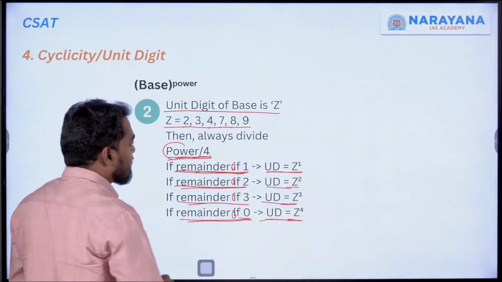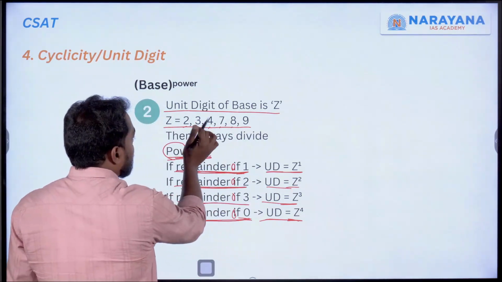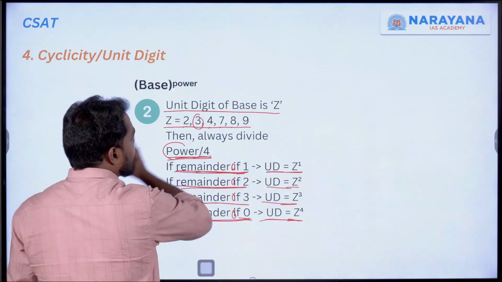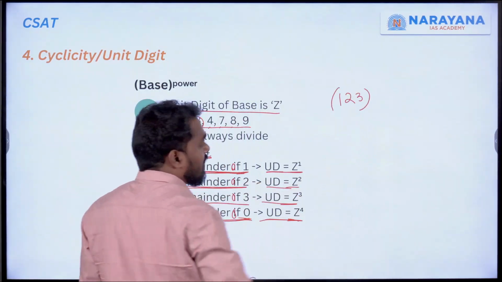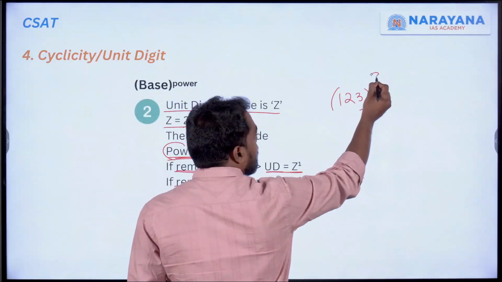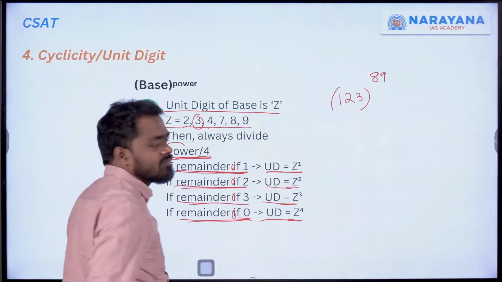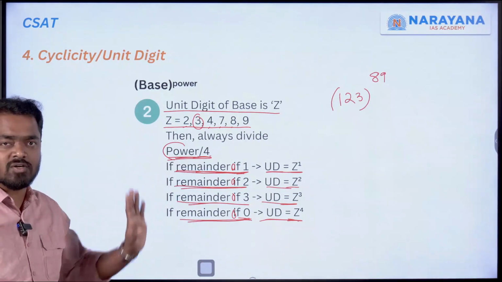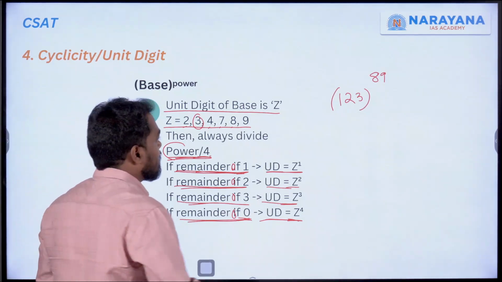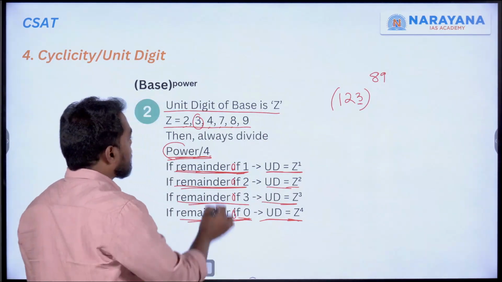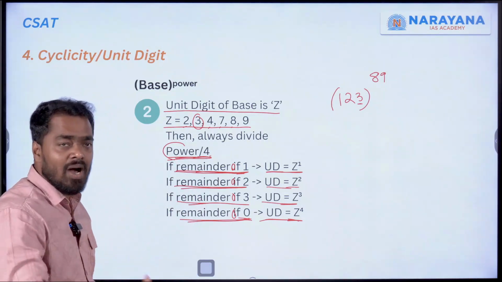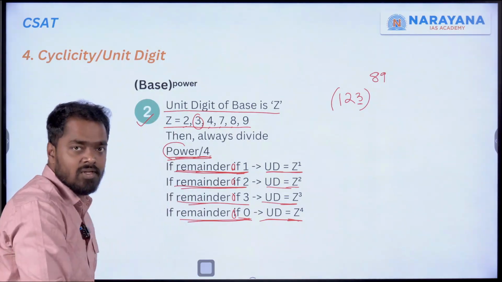Let's take an example. For example, the unit digit of the base is 3, like 123 to the power 89. What is the unit digit of this particular number? First, what is the unit digit of the base? That is 3. Now you have to apply this second rule.